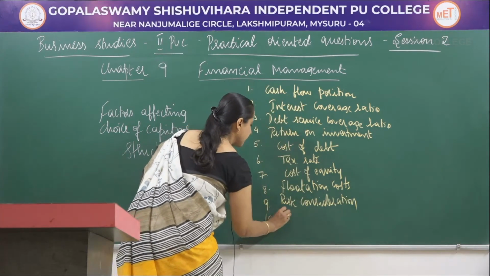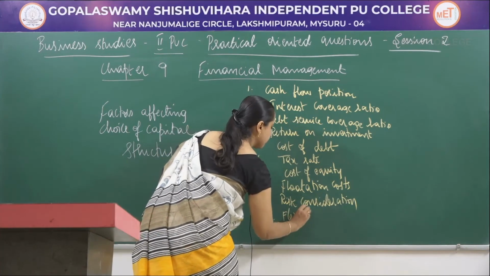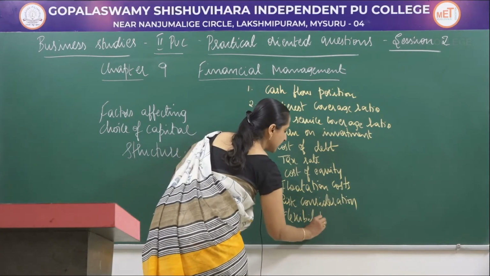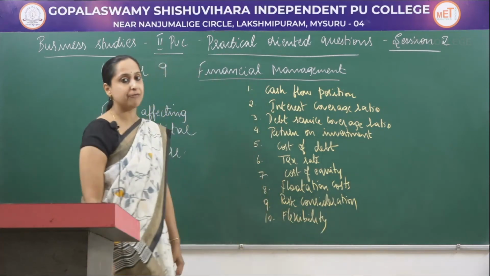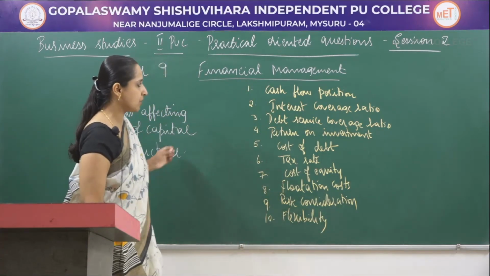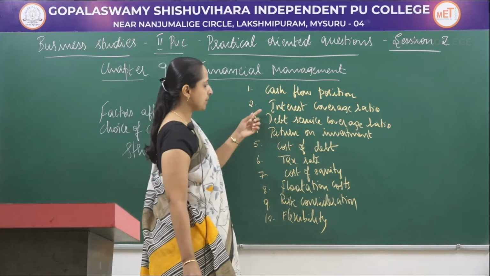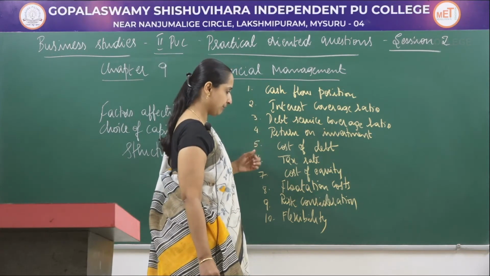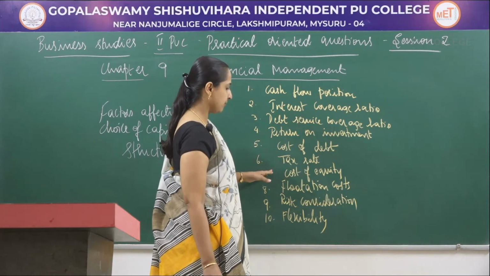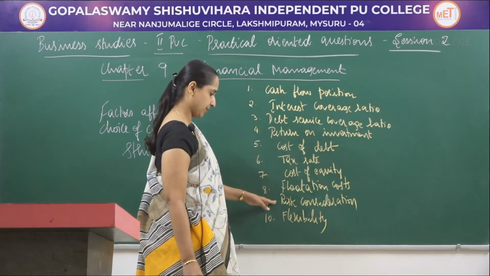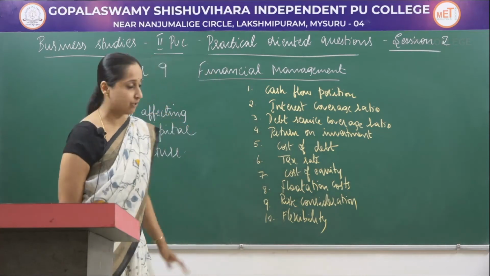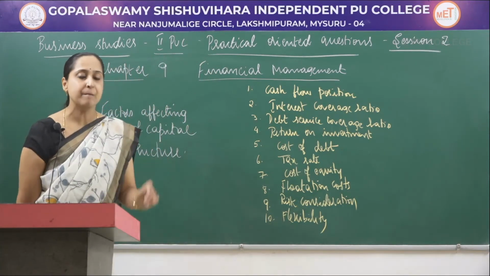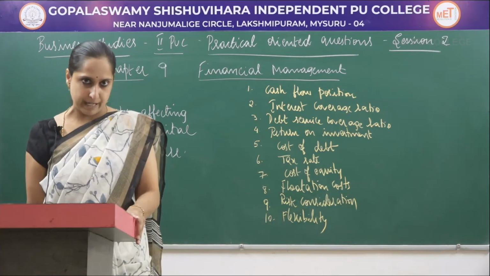And 10th one is flexibility. So these are the various factors which affect the choice of capital structure: cash flow position, interest coverage ratio, debt service coverage ratio, return on investment, cost of debt, tax rate, cost of equity, flotation costs, risk consideration and flexibility. So this question is asked from chapter 9, that is financial management.